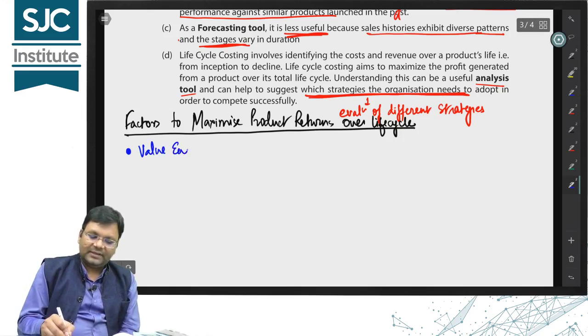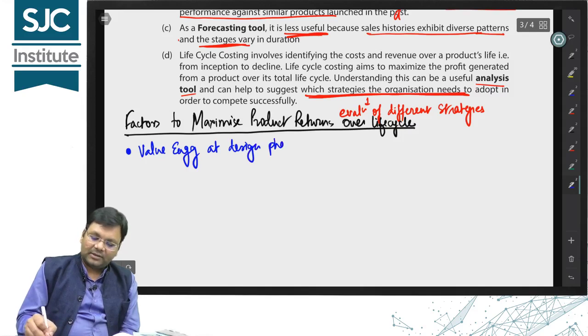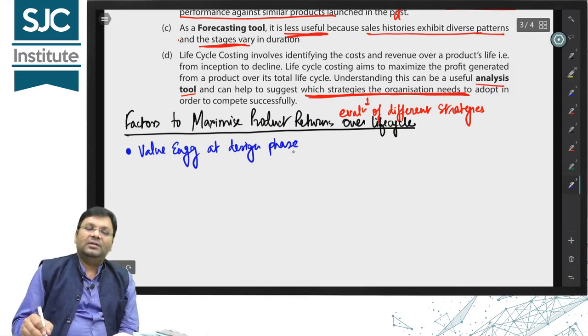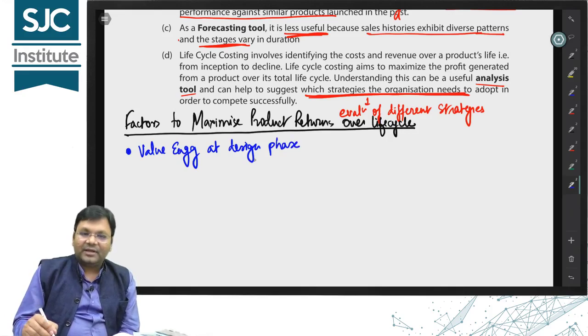So first is we talk about value engineering at design phase. Say if you are launching a product, it has already passed through several design iterations. So you should not agree with a design that is costlier. So you should do most value engineering at design phase.